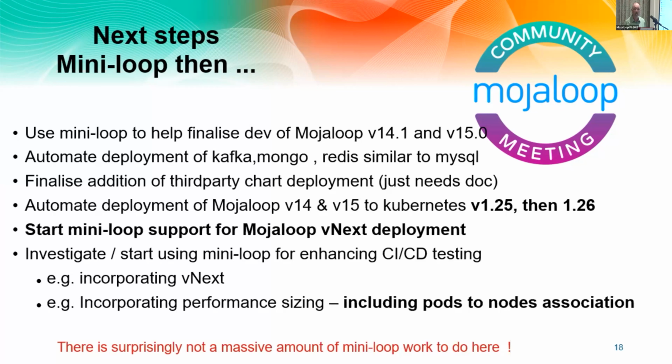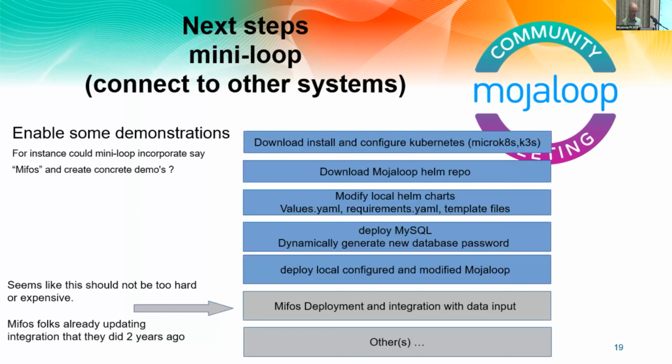Pedro and I have started working on that, going, okay, let's apply the same automation to make vNext as it develops, and let's size it as we go. And we can do things like associating nodes to pods, so we can actually test different services that Pedro is going to tell you are going to be pluggable. That gets to the next pillar, which I'll get to in just a moment.